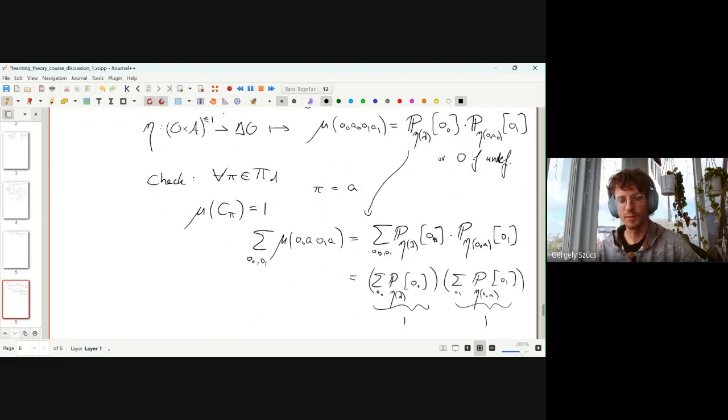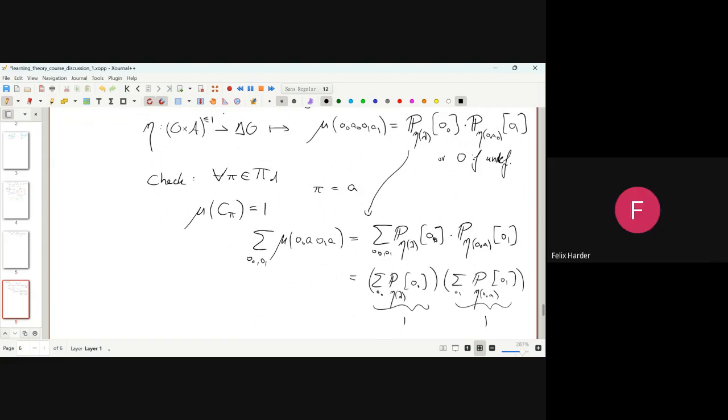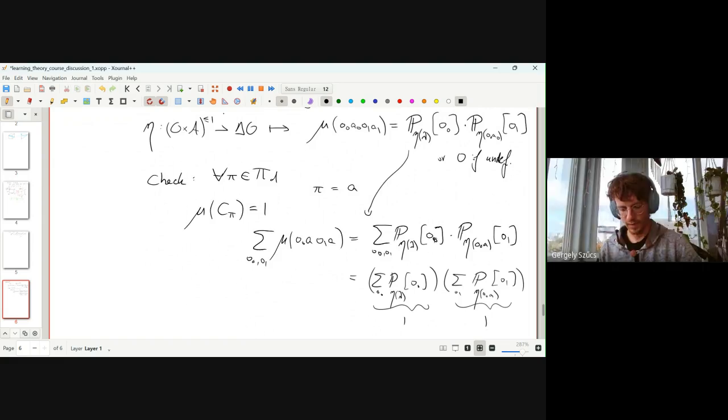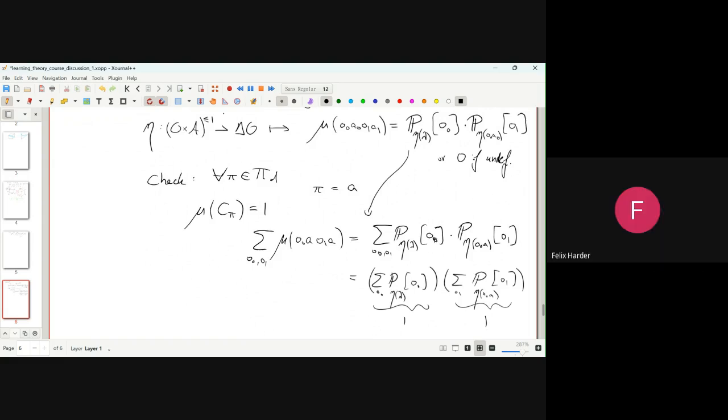Question? Yeah, can you hear me? Yes. Just to interject, I think this is a little bit more subtle because in your product, one of the terms depends on O0 in the index in eta, so you can't actually write it like that. But in principle, it works.